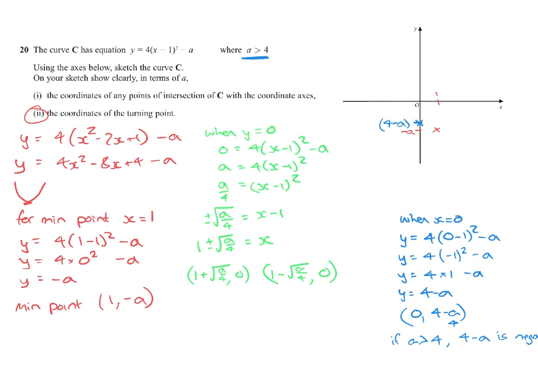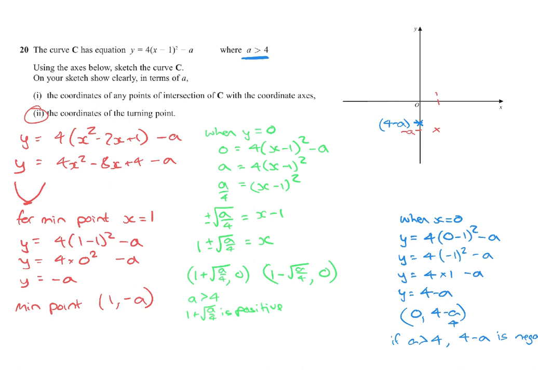Now remember, again, a is greater than 4. So if I look back at my equation here, if a is greater than 4, this is greater than 4, this is going to be greater than 1, so this will be positive. So a greater than 4, so 1 plus the root of a over 4 is positive.